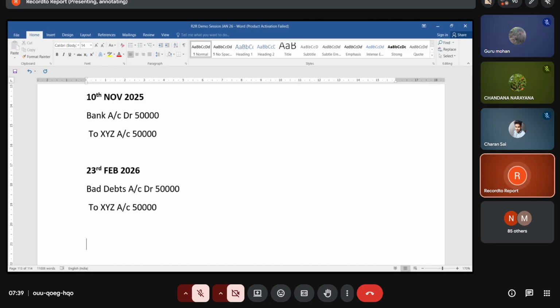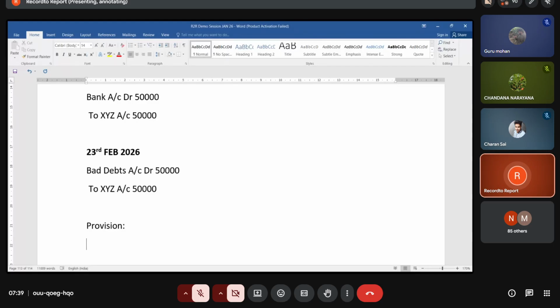So the next question is provision for bad debts. Provision for bad debts is an estimated amount. See, there is a concept of provision. So what is the meaning of provision?